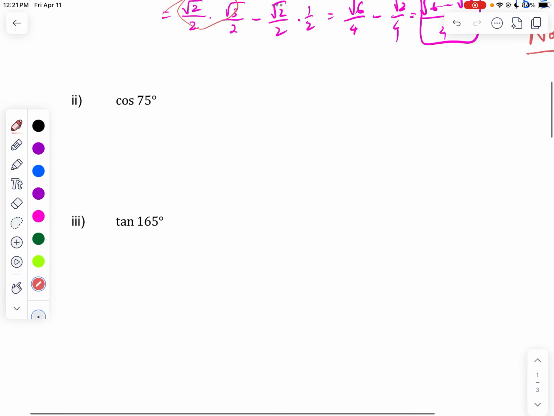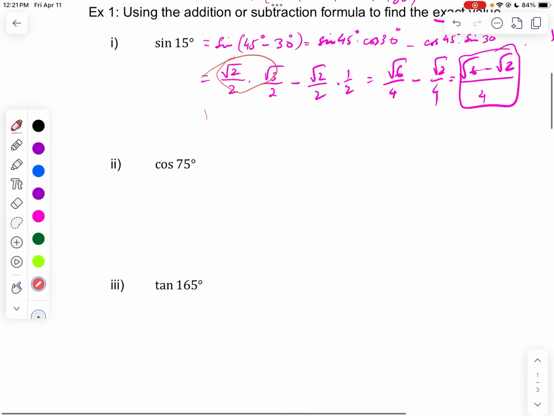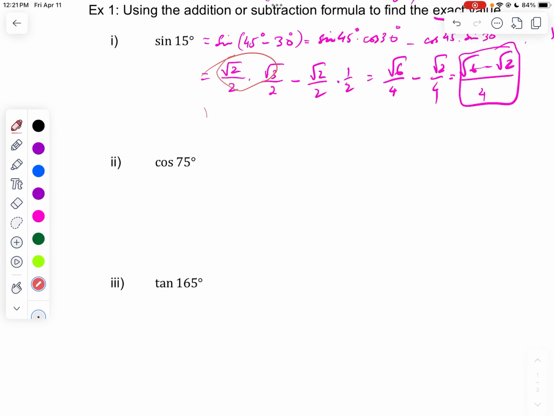Now if I try to do it the other way, with the other formula values, you don't have to do both, but I will leave it for you to try this one and the next example.